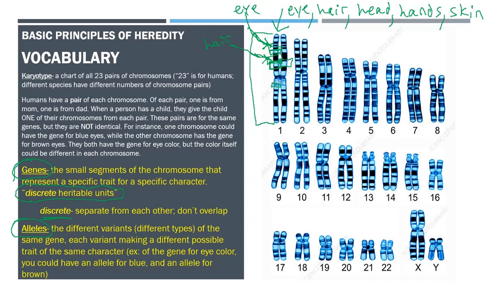So you would have an allele for blue eyes. You could have an allele for brown eyes. So an allele is a gene, but we use the word allele when we're talking about the specific gene, what it specifically codes for on that individual chromosome in the pair.